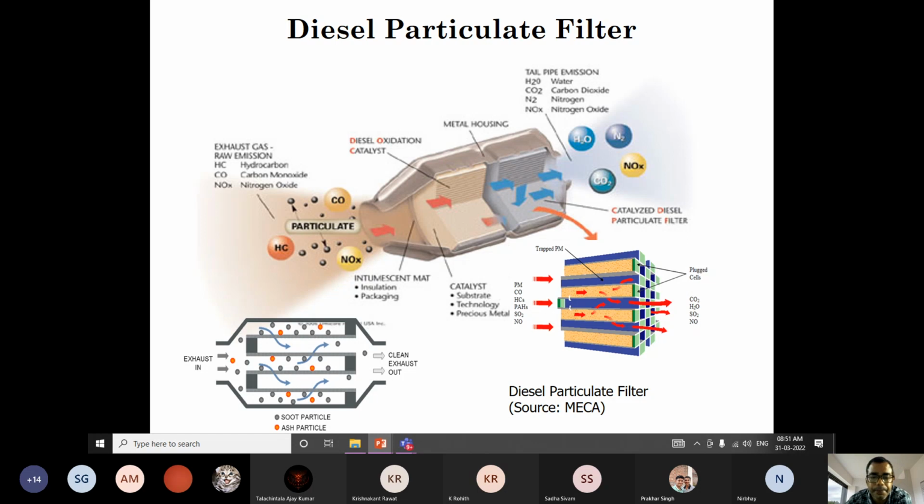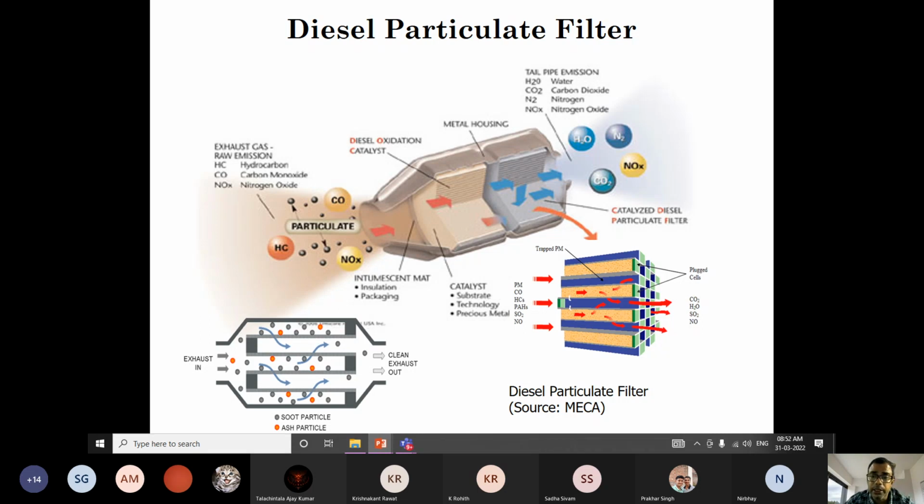Anything else? So these three technologies, TWC, DOC, and DPF, are all three very common in automobiles? DPF is not common. Now it is used for Bharat Norm 6, particularly for heavy vehicles.